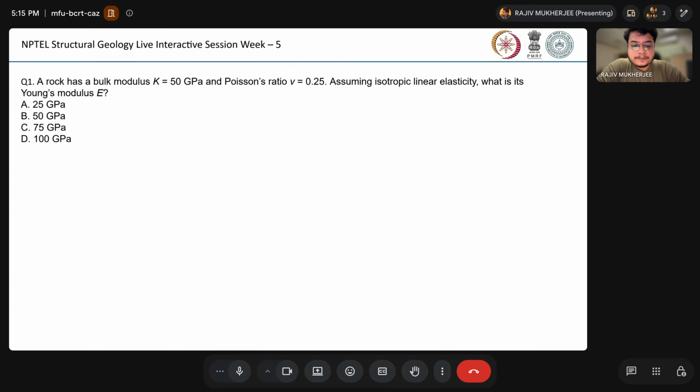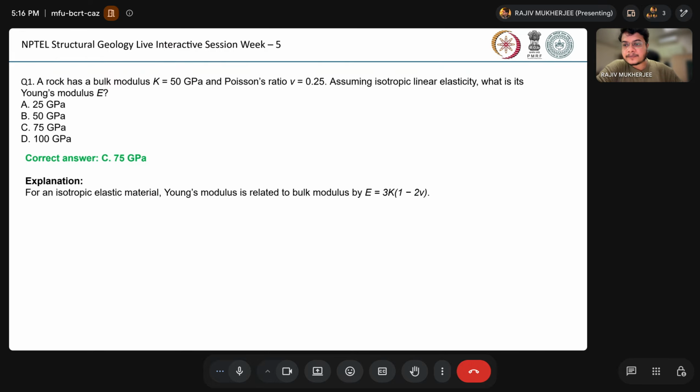Okay, so the correct answer for this question will be option C, 75 gigapascal. Right? So now let us start with the explanation. So how to solve this, right?